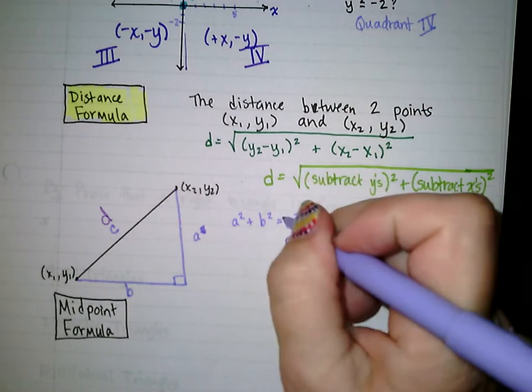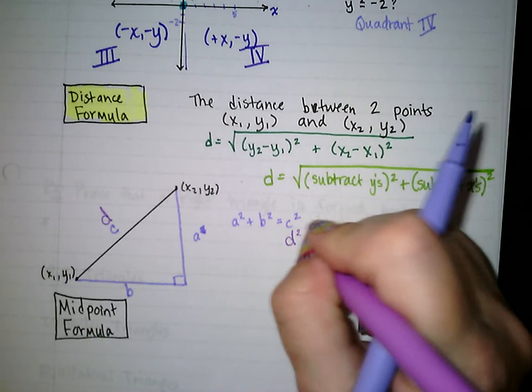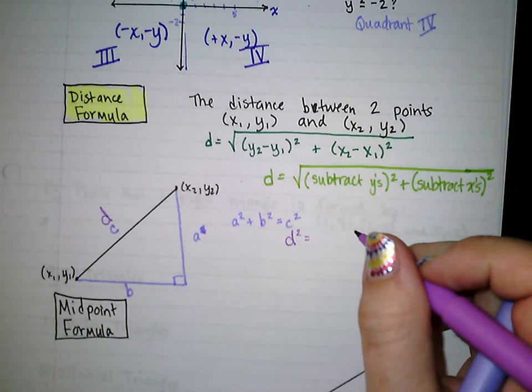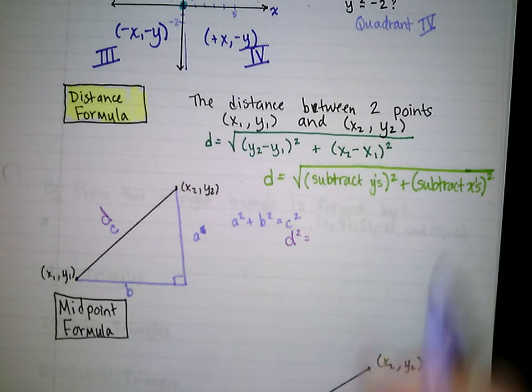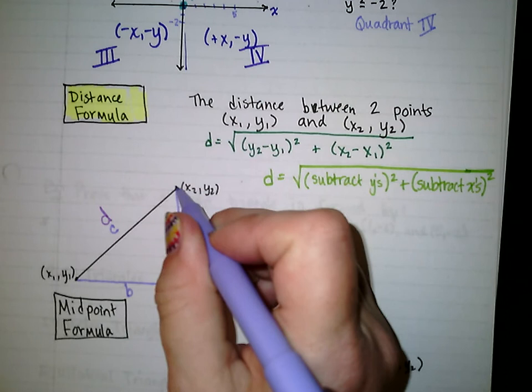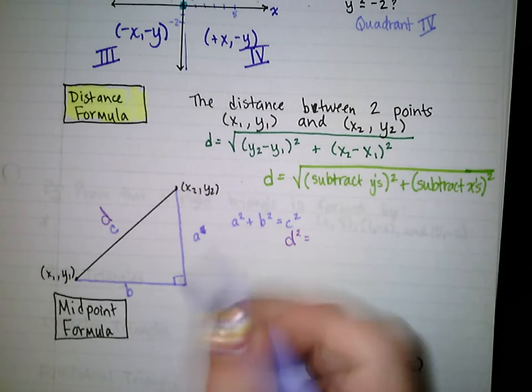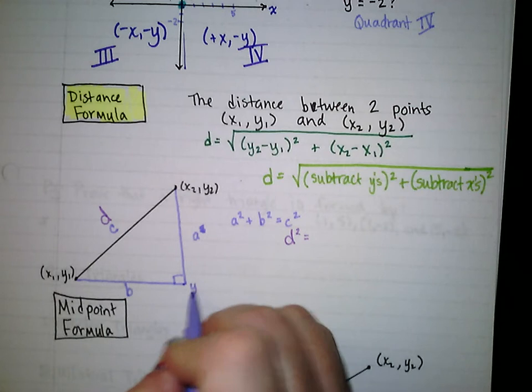But since we just want to get d by itself, we would need to take the square root when we're done. So d squared is going to be a squared plus b squared. Well, the distance from here to here, this point is y2 tall. This point is y1 tall.